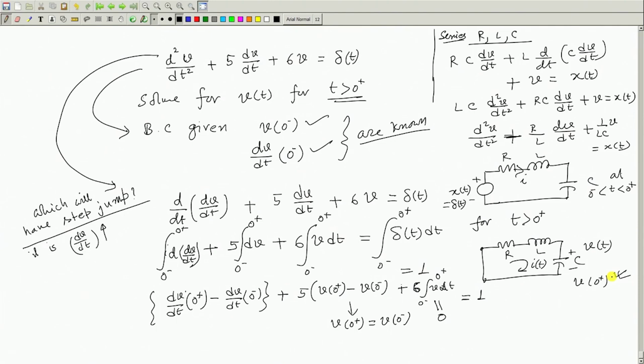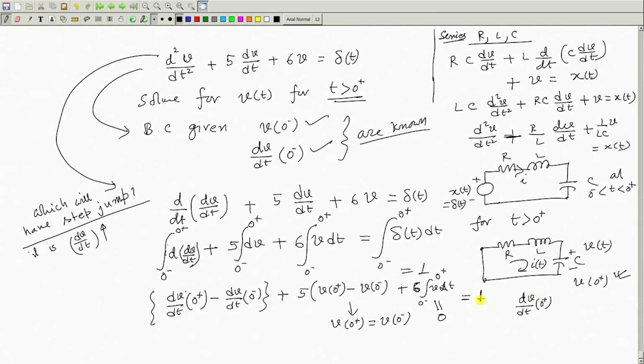Then another condition is necessary. What is that condition? That is dV dt at 0 plus. Do I know this value? dV dt at 0 minus is known. So, dV dt at 0 plus will be how much?